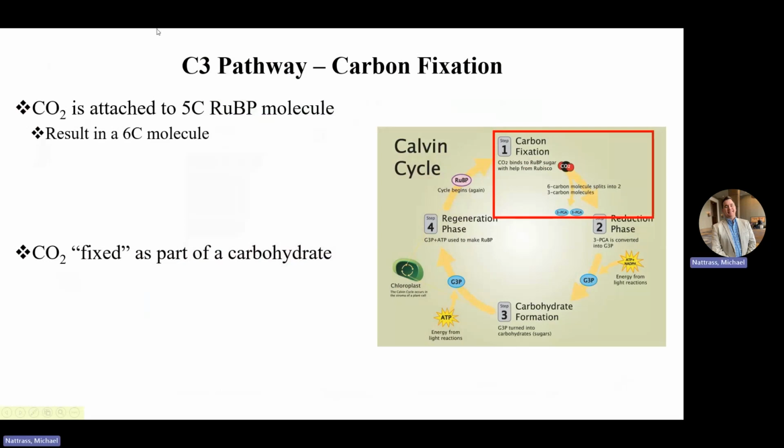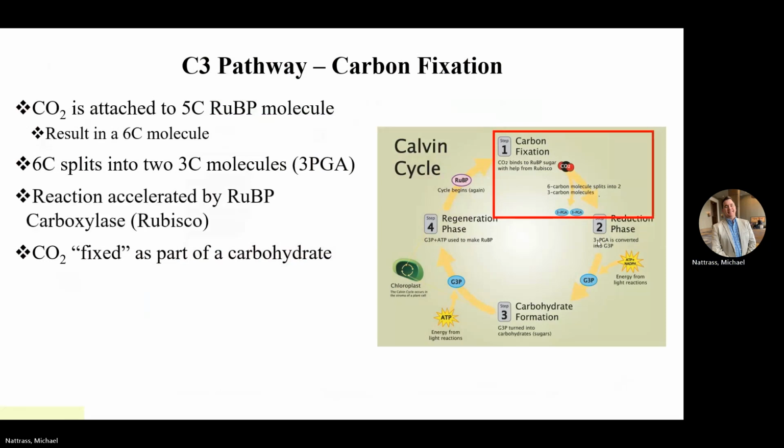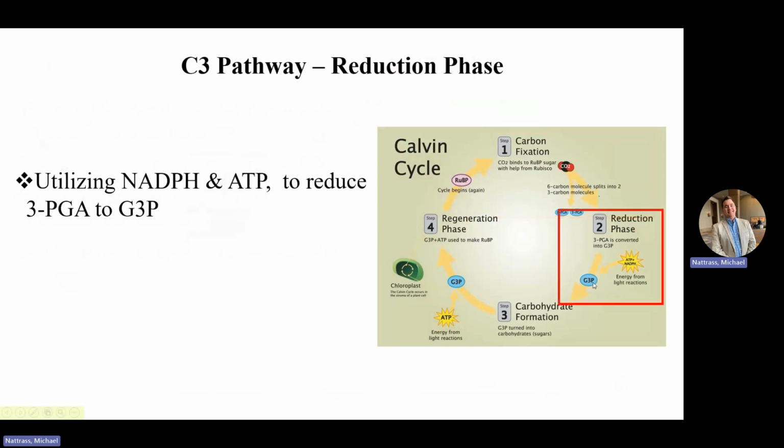This oxygen will be expelled. And then that 6-carbon splits into 2 3-carbon molecules, or 3-PGA. 5 plus 1 makes 6. 6 divided by 2 equals 3. We have Rubisco. And then that carbon dioxide is going to be fixed as part of a carbohydrate.